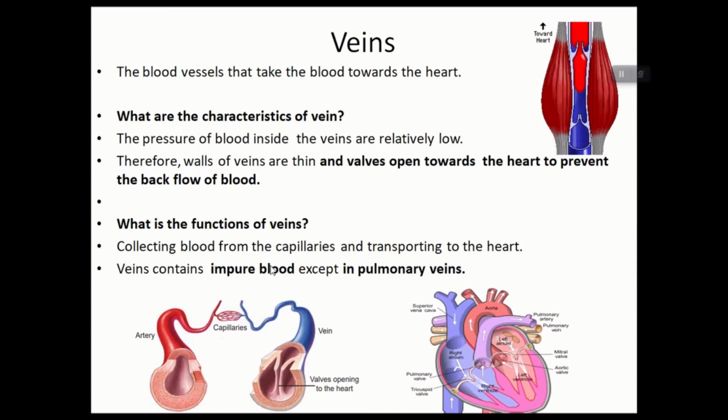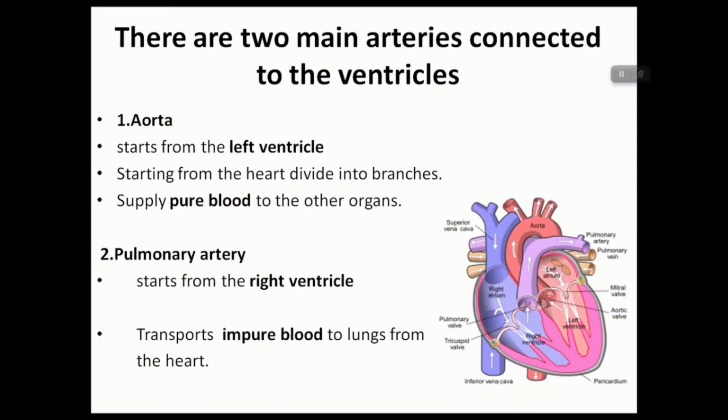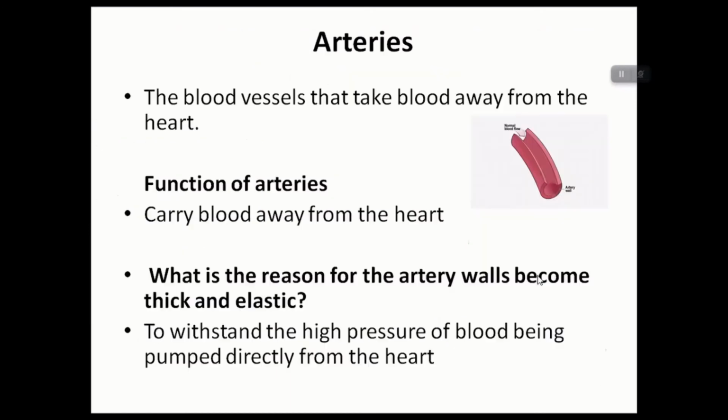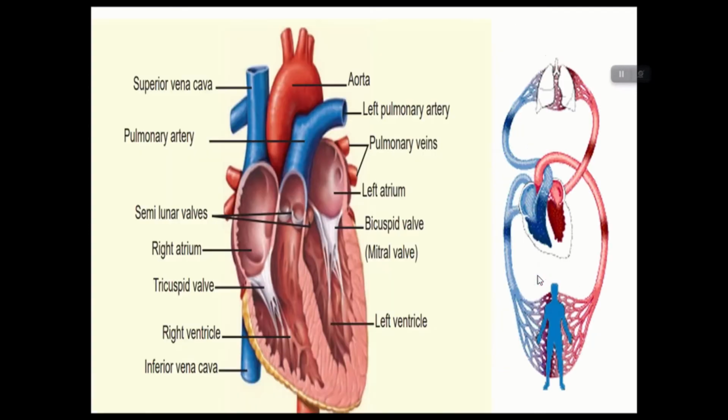Veins contain impure blood, except pulmonary vein. Pulmonary vein contains pure blood. Can you see? Pulmonary vein contains pure blood.